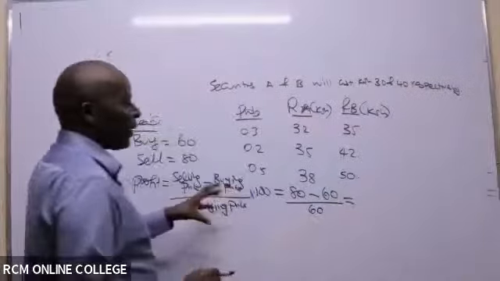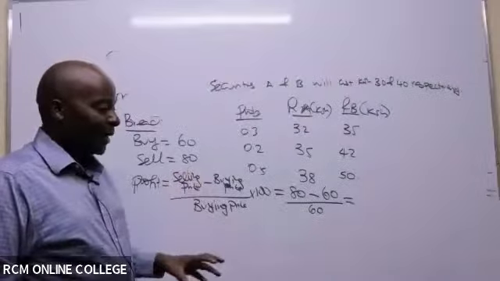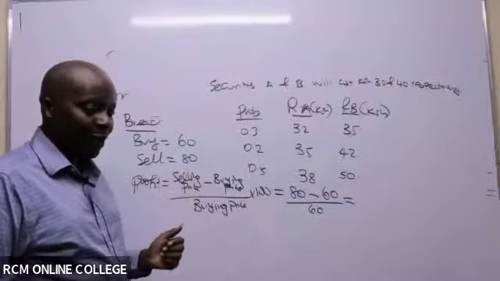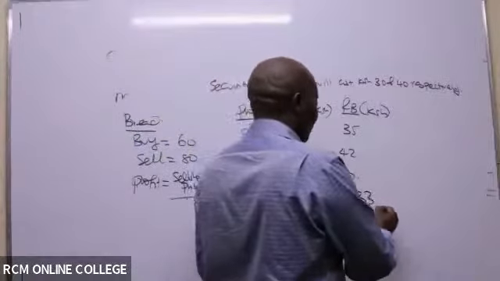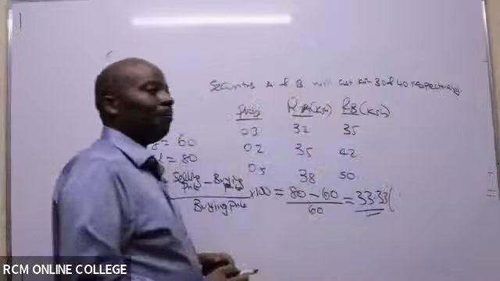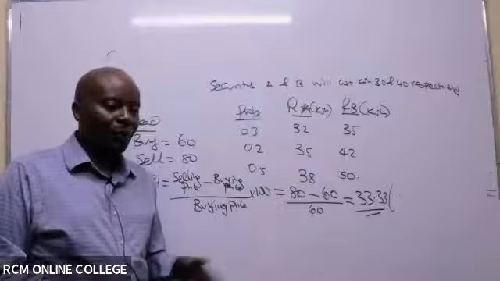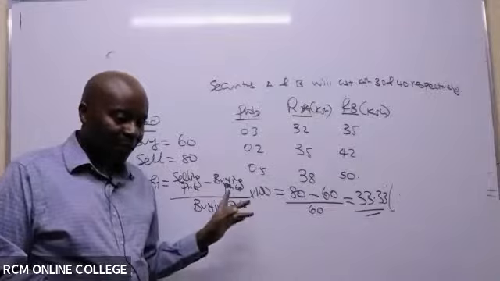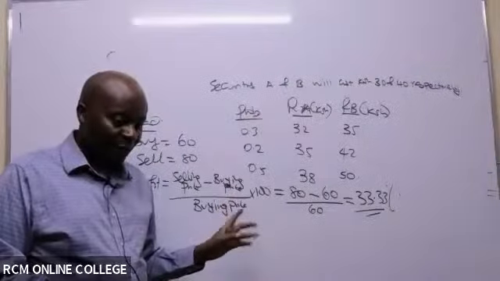Whatever you get, you multiply with 100. So is there somebody who is getting 33 point something? Is that okay? Up to here it is okay, they have converted.